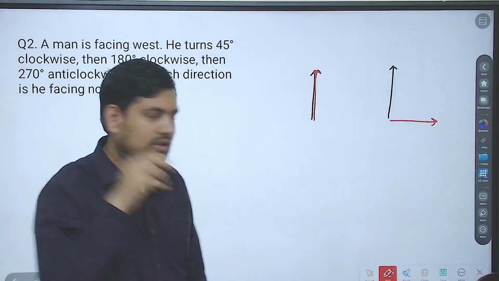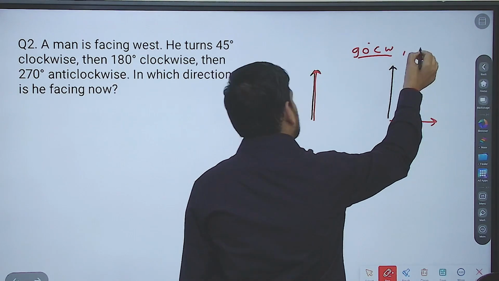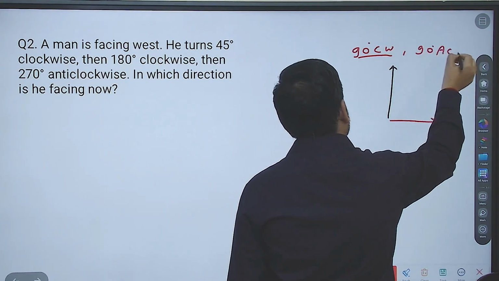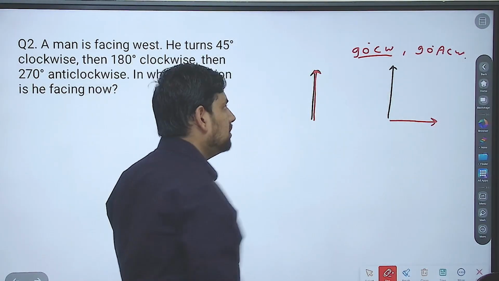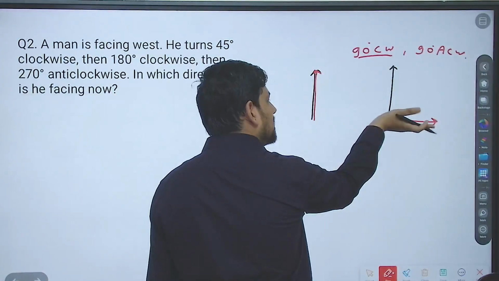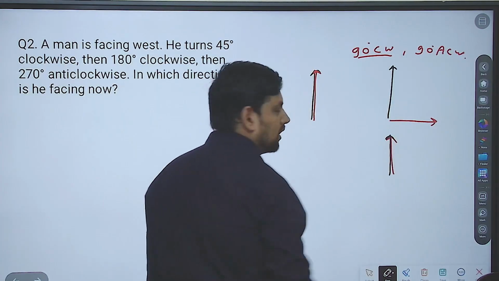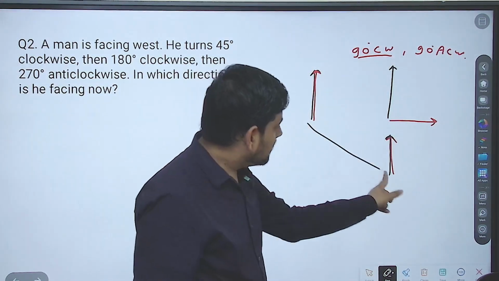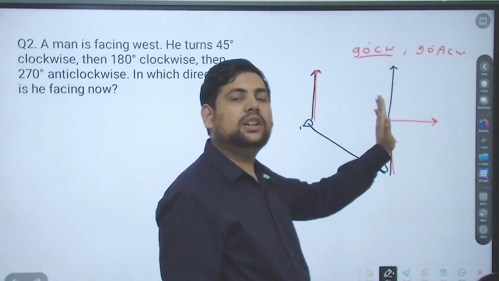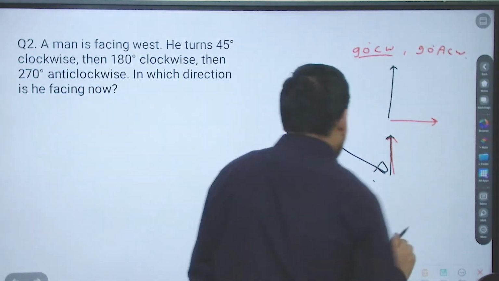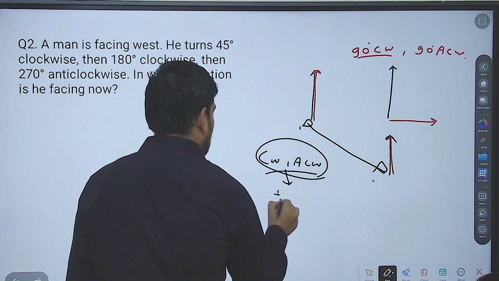First I turn the red one 90 degrees clockwise and then 90 degrees anti-clockwise. So this reaches here and here. They became the same as before. Why? Because I first did 90 degrees clockwise, then 90 degrees anti-clockwise, so I got to the same position. That means clockwise and anti-clockwise cancel each other out, like plus and minus.